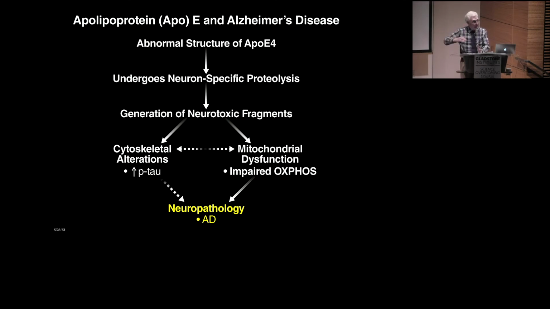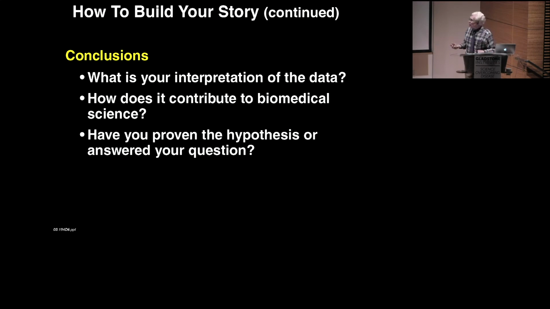Those are things I would have told you in the lecture. And they impact the cytoskeleton and the mitochondria, leading to neuropathology and Alzheimer's disease. So we're at the conclusion. We're at the end. You've told them what you said you would tell them.